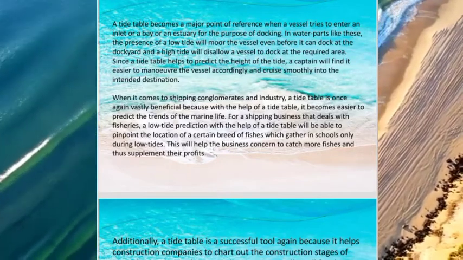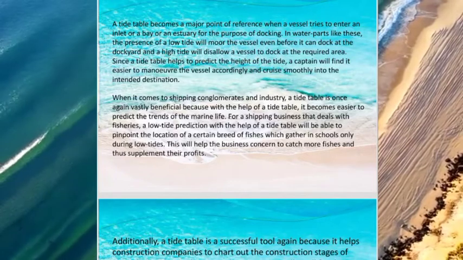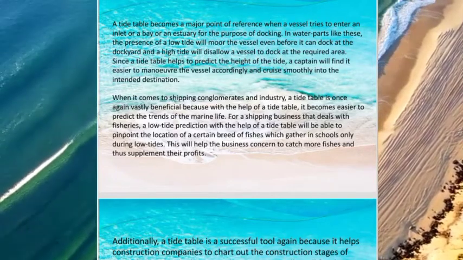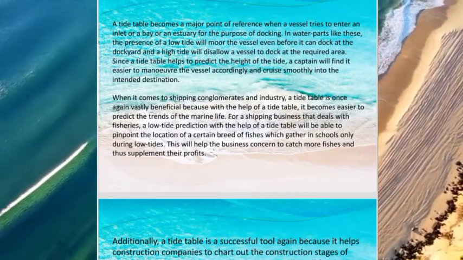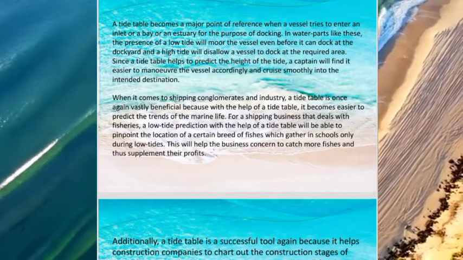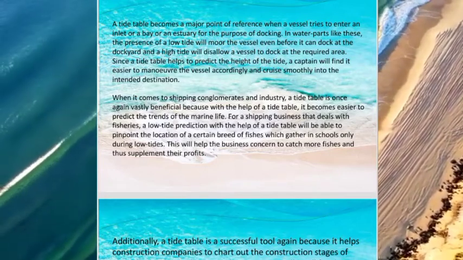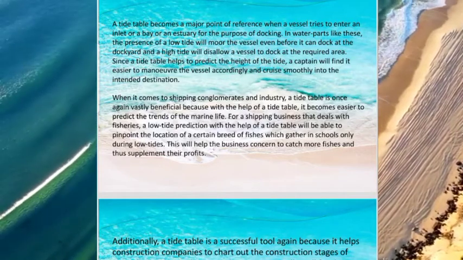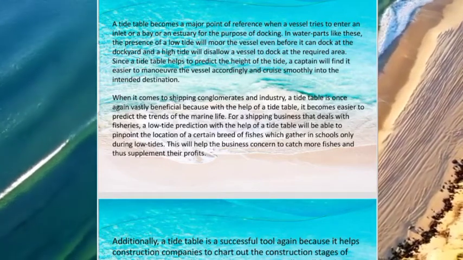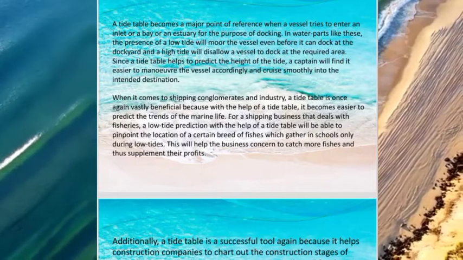When it comes to shipping conglomerates and industry, a tide table is once again vastly beneficial, because with the help of a tide table, it becomes easier to predict the trends of marine life.